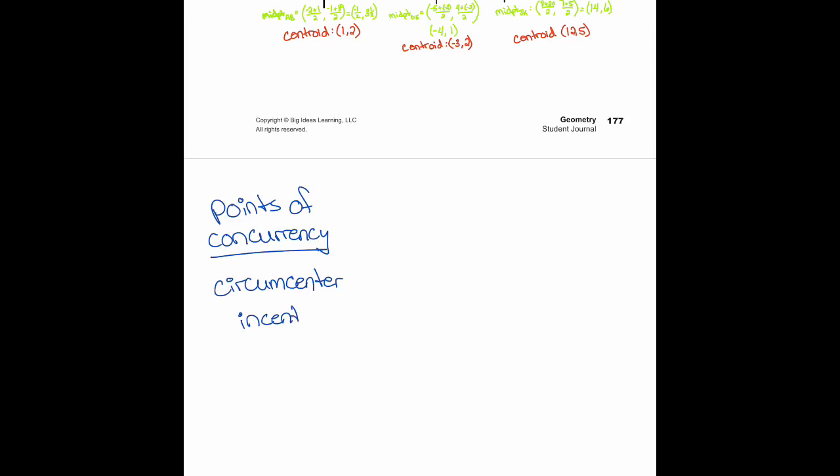Our points of concurrency that we've gone over are the circumcenter, incenter, and centroid.